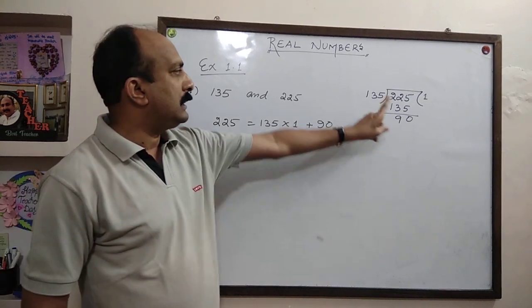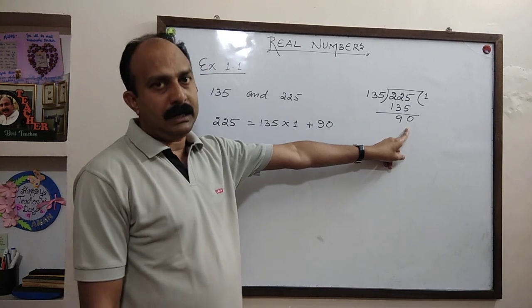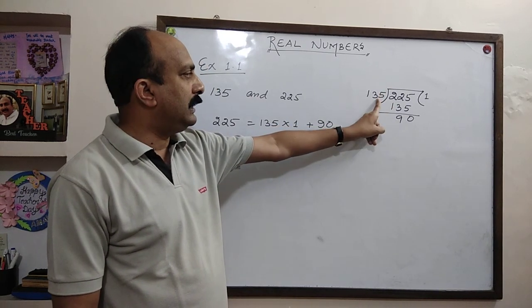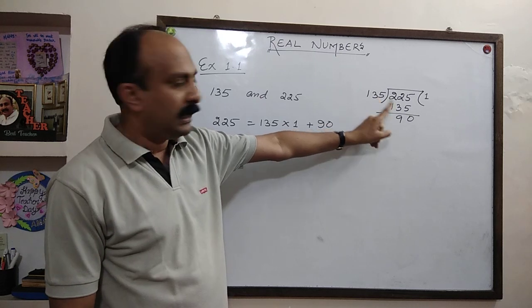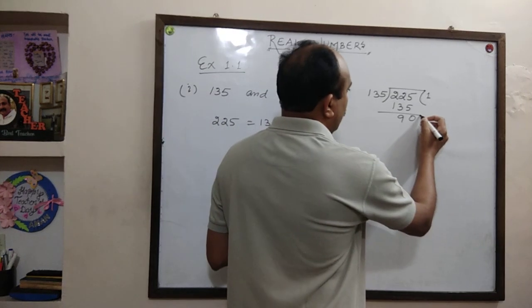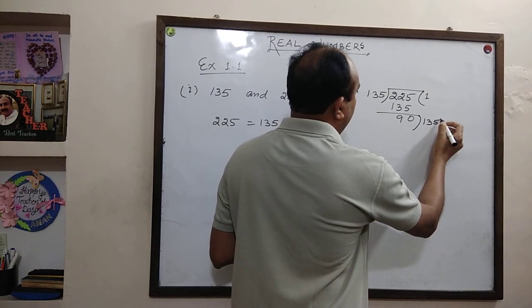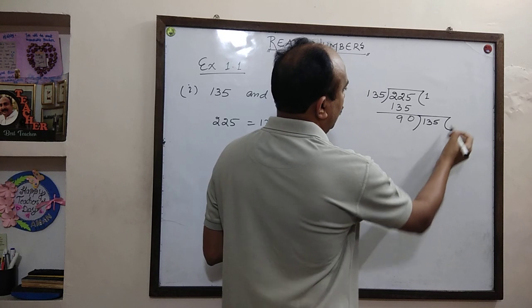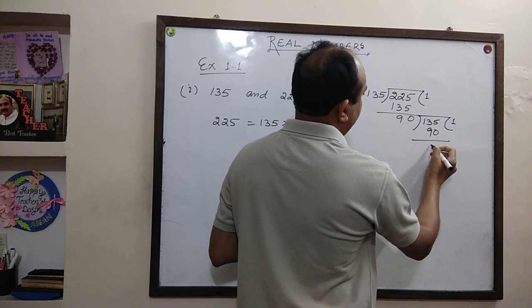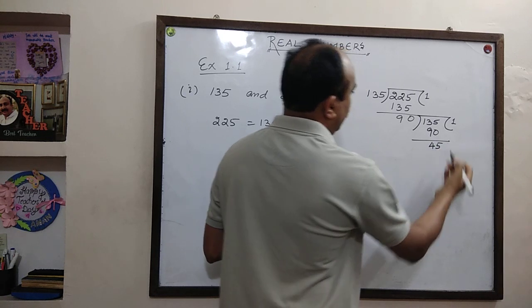Now A and B are 135 and 90. Now 135 is greater than 90, so 135 will be treated as A and 90 will be treated as B. So now 135 will be divided by 90. The quotient is again 1 and the remainder is 45.